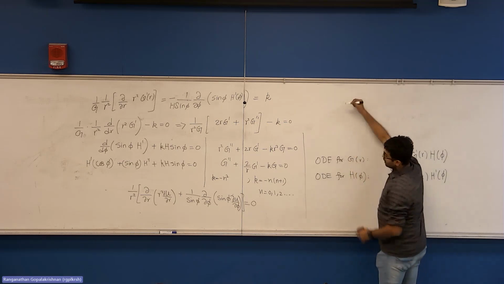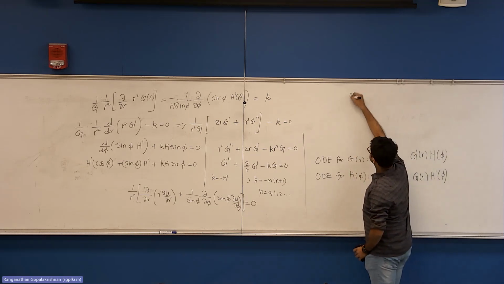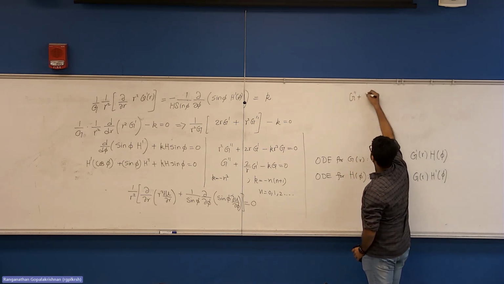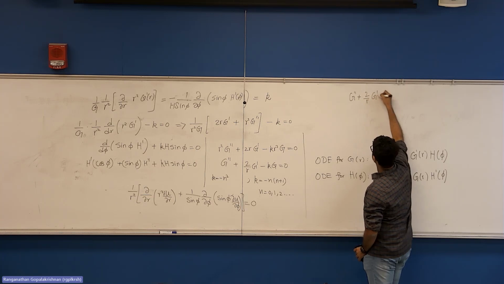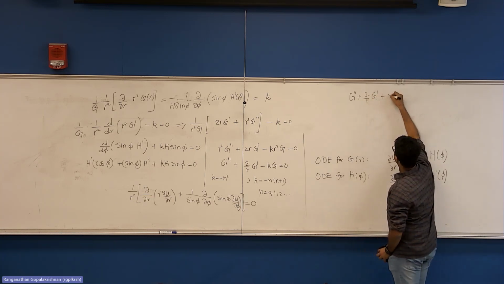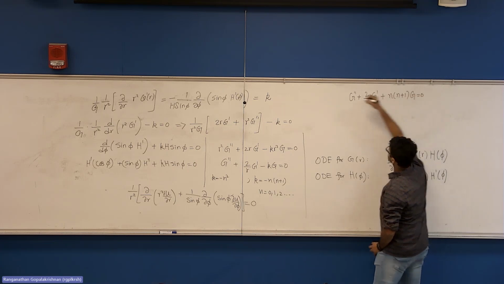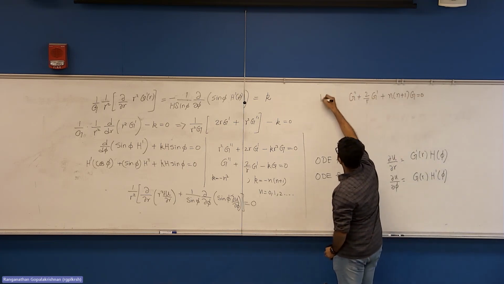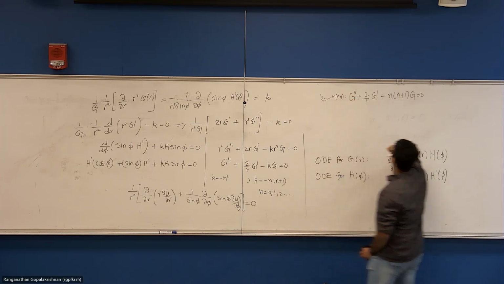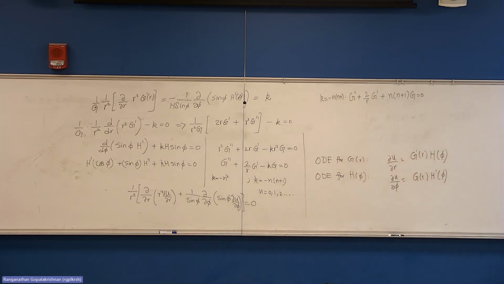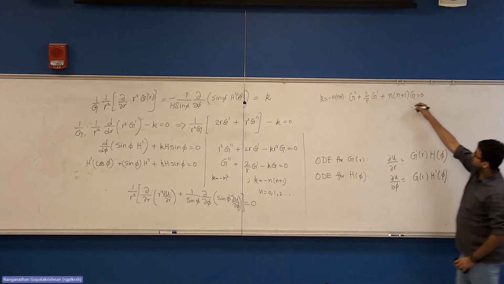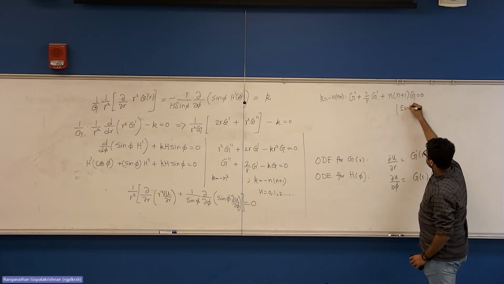So if you make the second choice, you get g double prime plus 2 over r g prime plus n times n plus 1 times g equal to 0. That is k equals minus n times n plus 1. This again looks like the Euler-Cauchy equation.